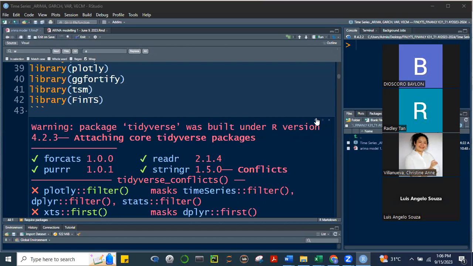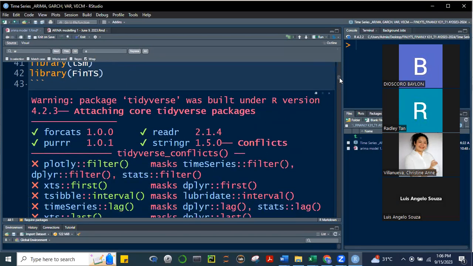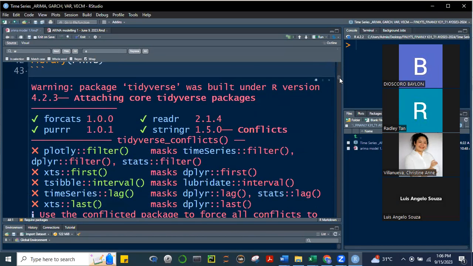Okay, my screen is sharing, right? Okay, so sometimes you'll get messages like this, like attaching core tidyverse packages like forecast, purrr, readr, stringr. It means that these are packages that come also loaded when you load a particular package.